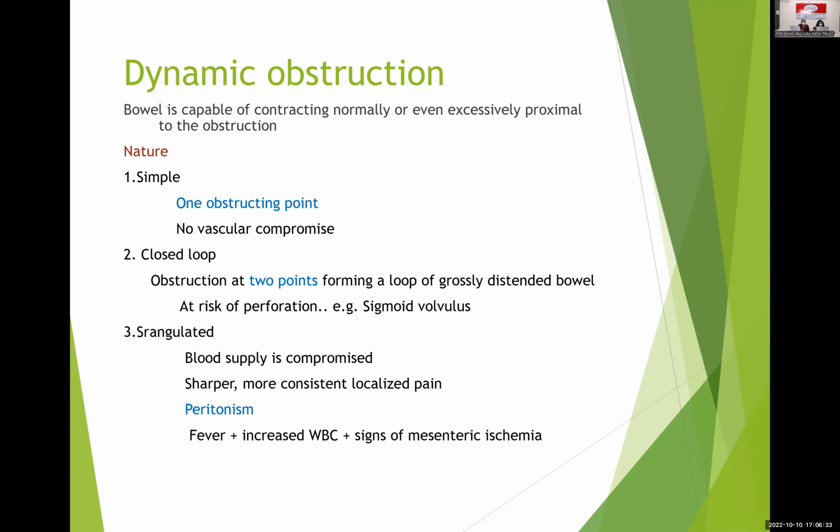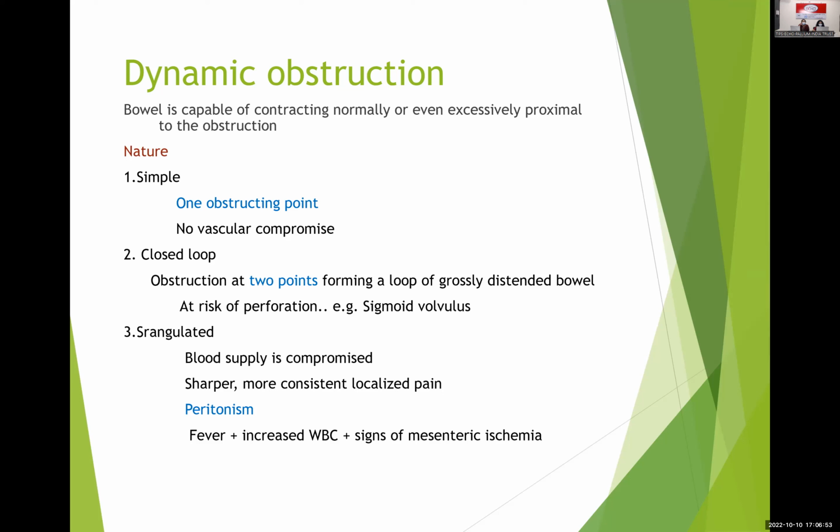So dynamic obstruction. If we go in detail, here what happens is bowel is capable of contracting normally or even excessively proximal to the obstruction. So what can you see in your physical examination in this condition?